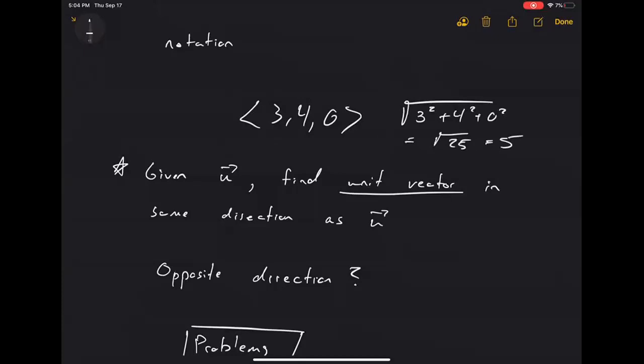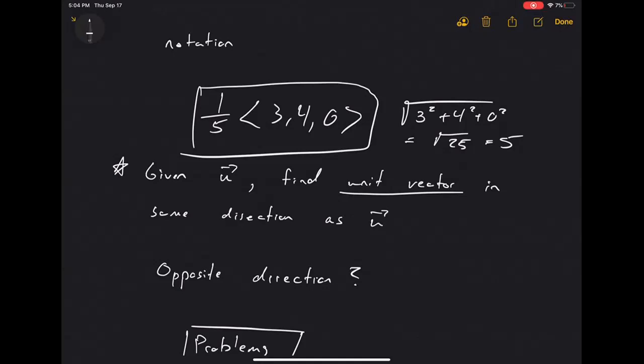If I multiply this vector by 1/5, which is scalar multiplication, the more precise way to say it, I'm scaling the vector down. I'm chopping its length to 1/5 its original size. So if this vector was originally 5 units long, when I multiply by this it becomes 1 unit long. It becomes a unit vector. And that's always how we find unit vectors: we take our original vector and divide it by its own length.